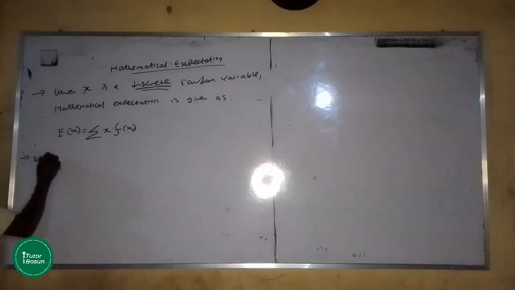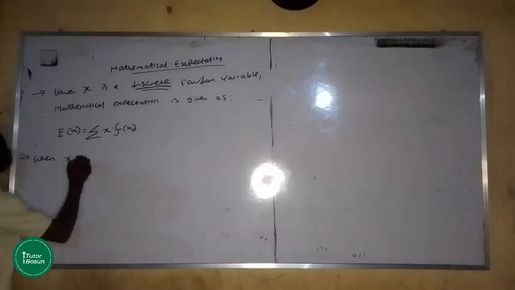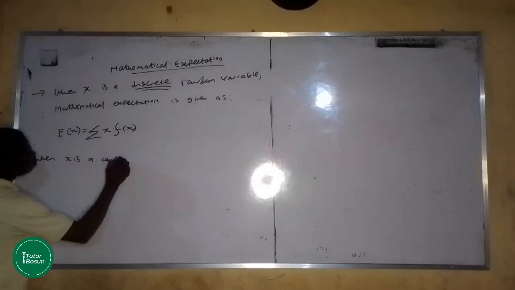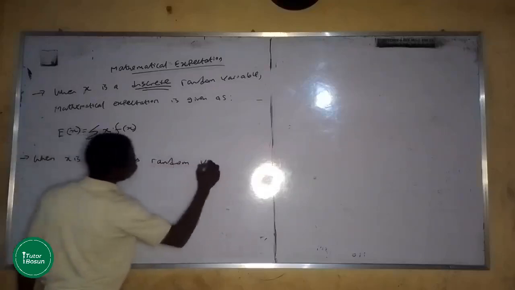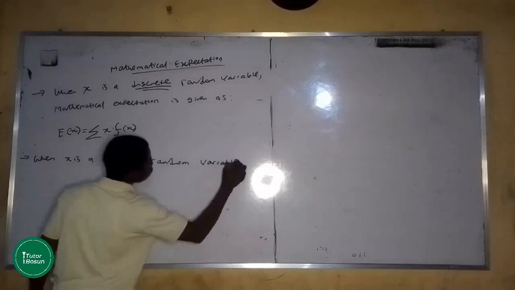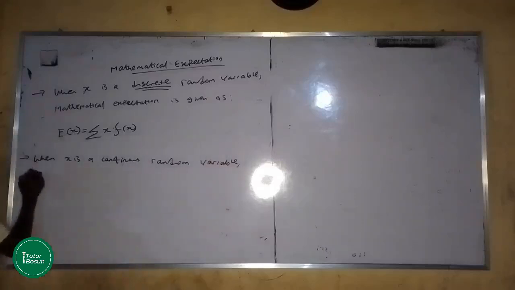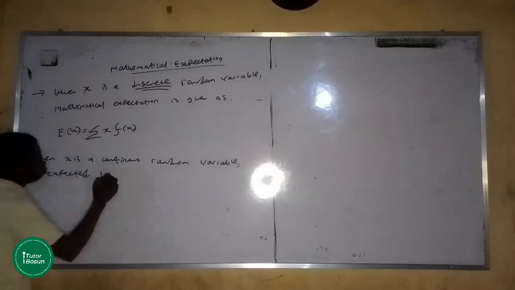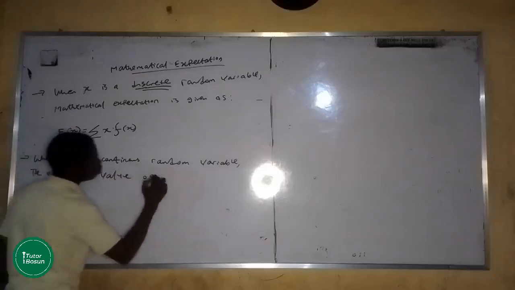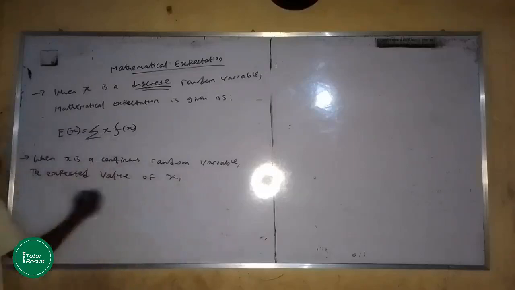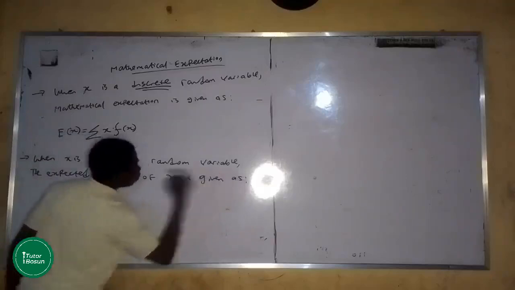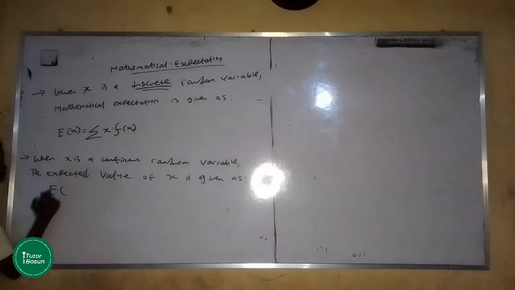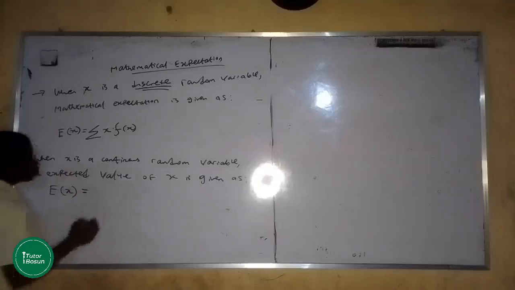So when x is a continuous random variable, the mathematical expectation or expected value of x is given as E of x, which is equal to the integral.